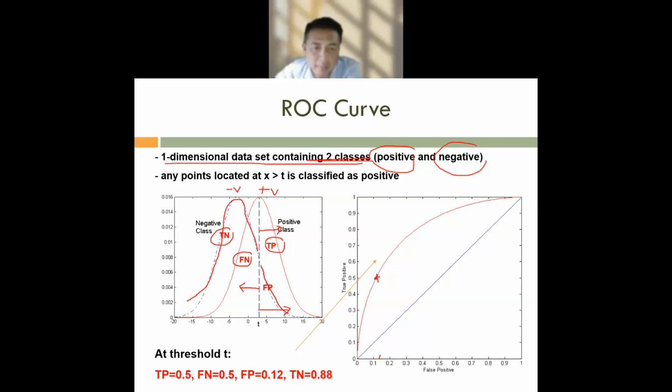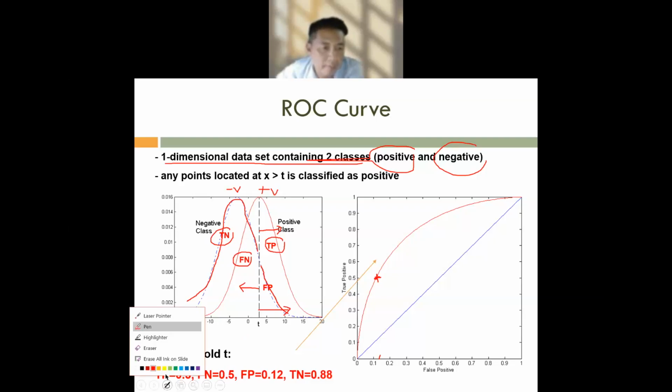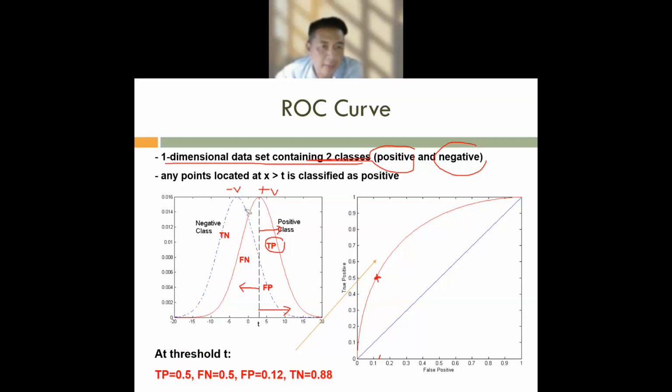So basically we are here, at threshold T, because your true positive is looking at here.